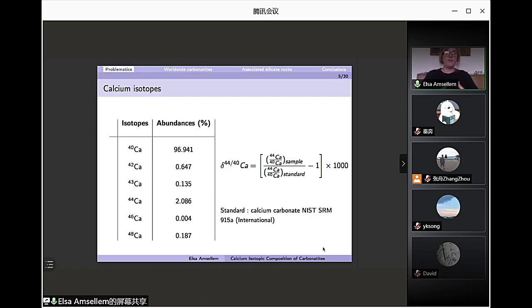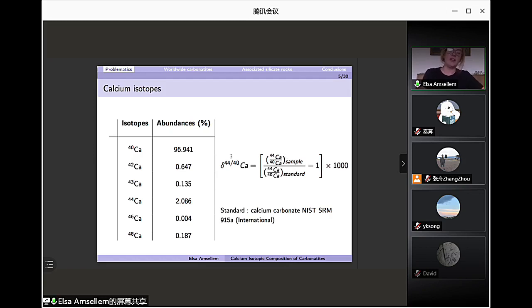To tackle these questions, I studied calcium isotopes. Calcium has 6 isotopes, including the major isotope, which is 40 calcium, and I'm interested in knowing the abundance of the different isotopes.